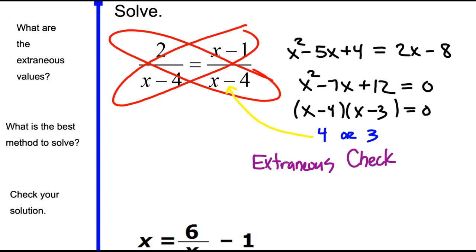So you know what that's called? An extraneous solution. Cross it off. Forget about it. Okay, does 3 make any denominator 0? Nope, so 3 passes, 4 fails. So my solution then is just x equals 3. I can omit that 4 from the solution. You good?